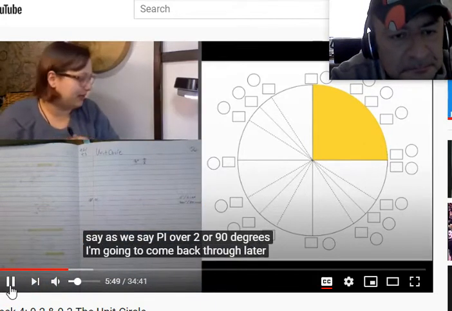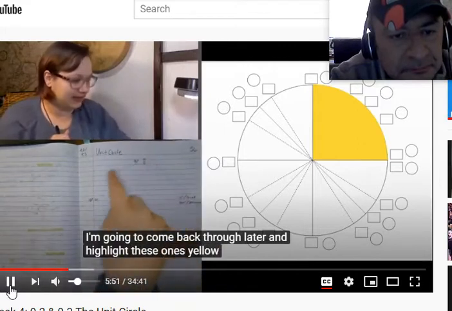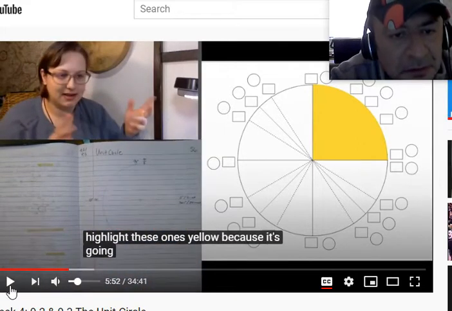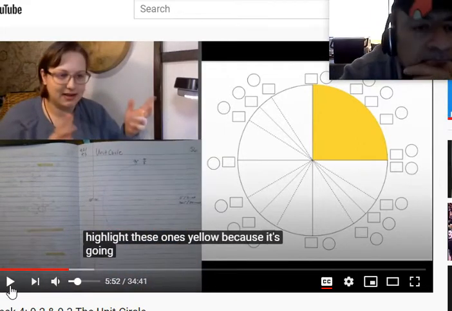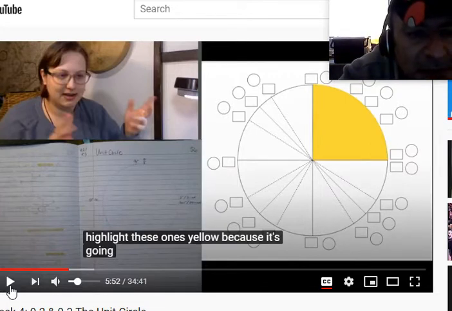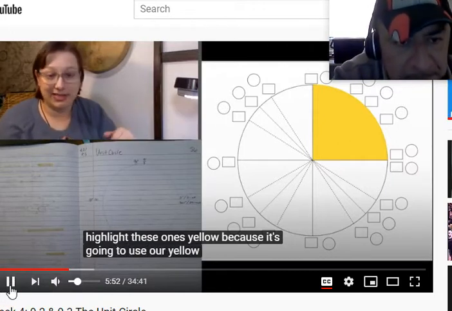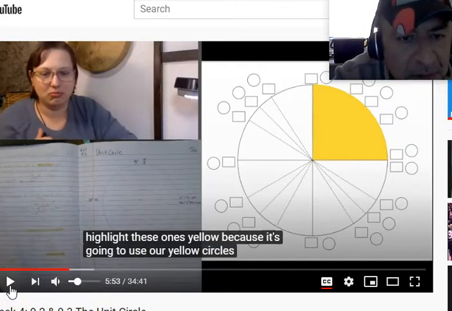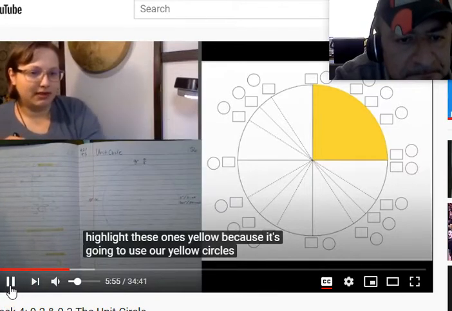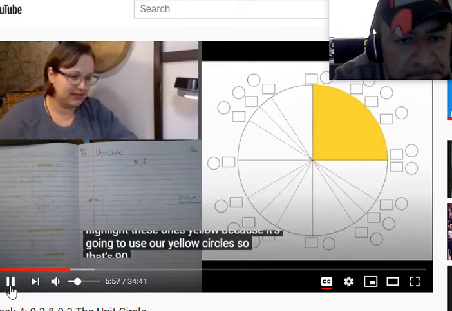I'm going to come back through later and highlight these ones yellow because it's going to use our yellow circles. So that's 90 degrees.